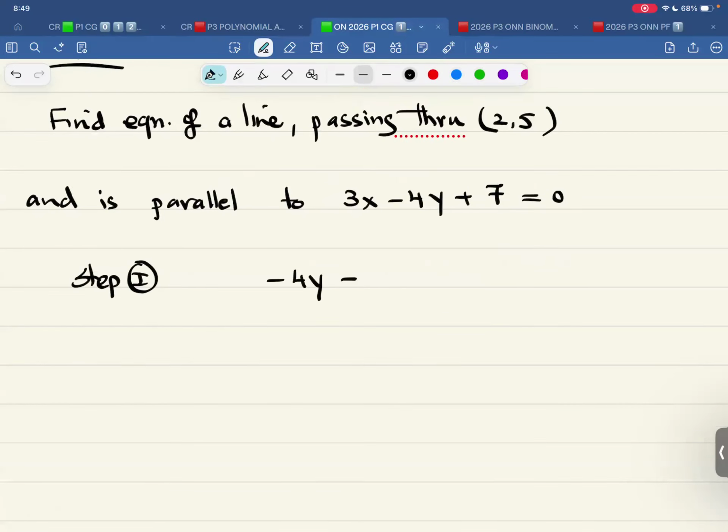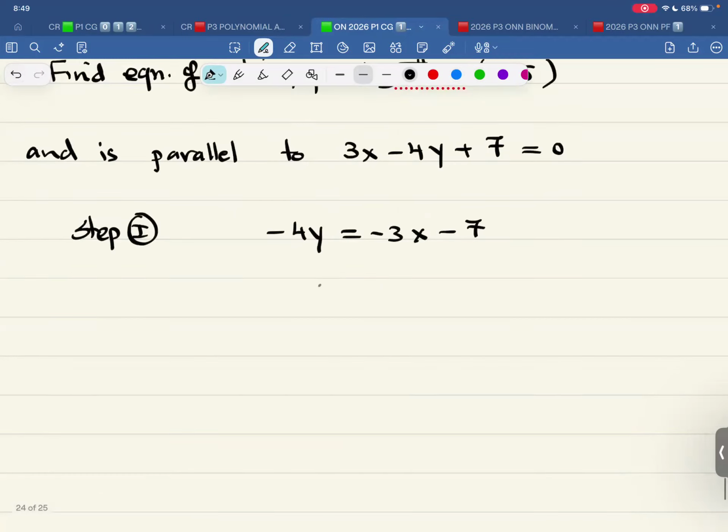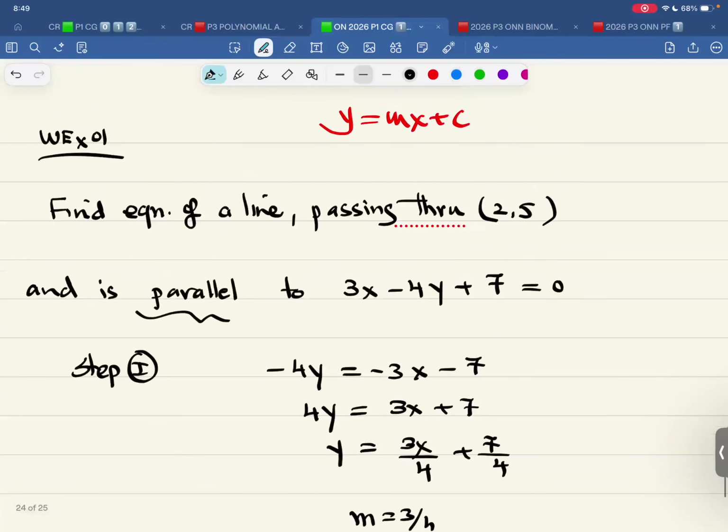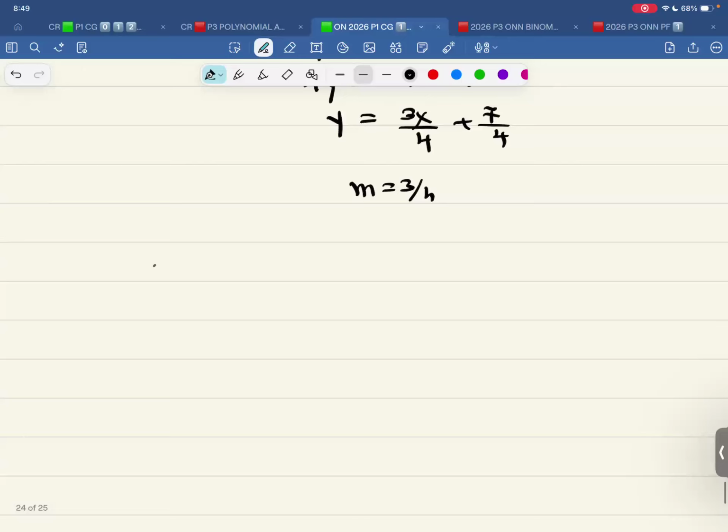Minus 4y minus 3x plus 7 minus 3x minus 7. Therefore, 4y is equal to 3x plus 7. Therefore, y is 3x over 4 plus 7 over 4. The gradient is 3/4. Parallel, same gradient, passing through 2, 5.